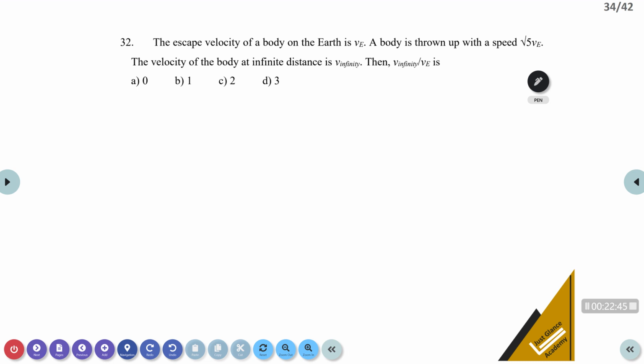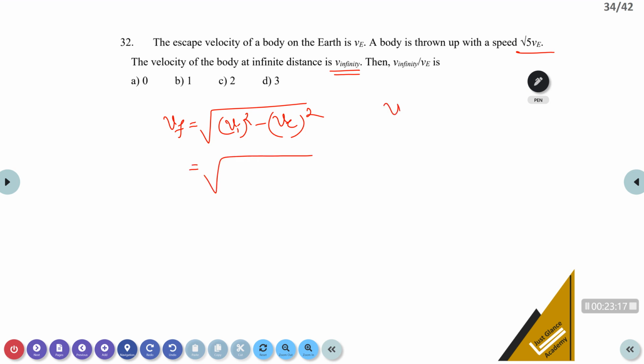32. The escape velocity of a body on the Earth's surface is VE. A body is thrown with a speed square root of 5 VE. Okay. The velocity of the body at infinite distance. At infinite distance, final velocity is asked. Here, V final equal to square root of, one formula is there, a shortcut method. VI square minus VE square. This is the formula. VI equal to what? Square root of 5 into what?